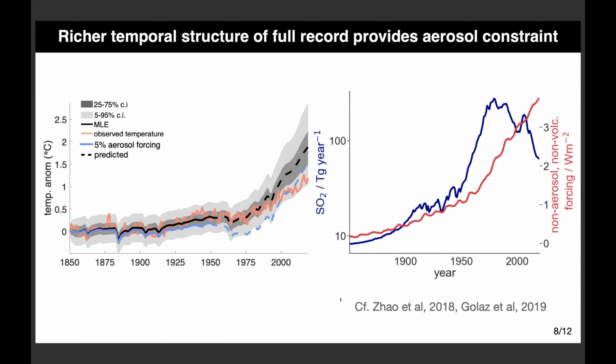From this, we infer that the richer temporal structure after 1950 results in a reduced capacity for aerosol forcing and climate sensitivity to simply trade off in explaining observed temperature trends. And indeed, there's a modest anti-correlation between aerosol forcing and ECS using pre-1950 temperatures that goes to 0 if we use the full record.